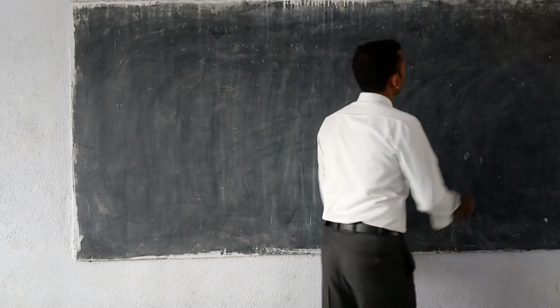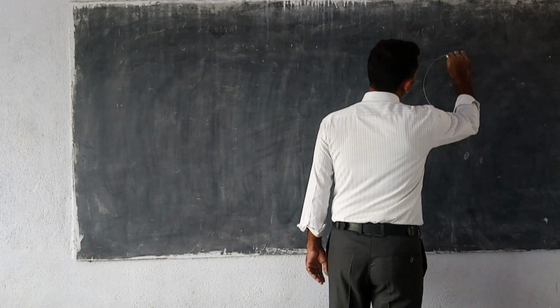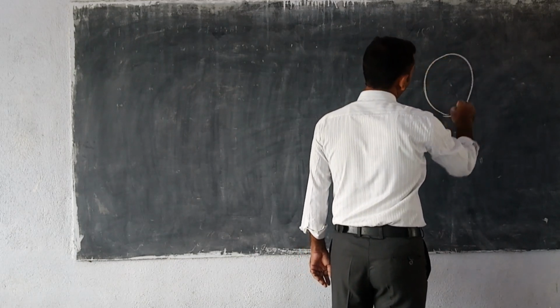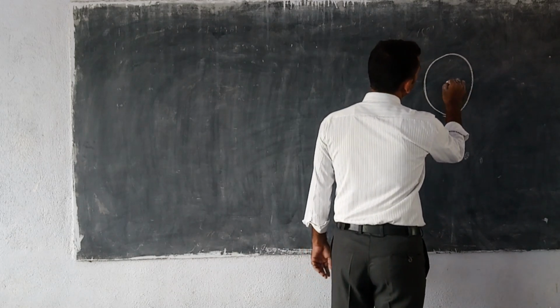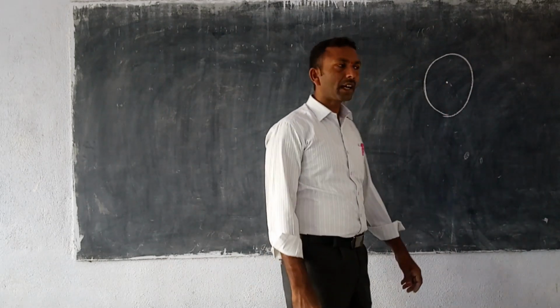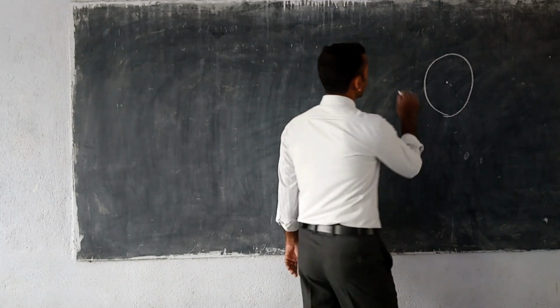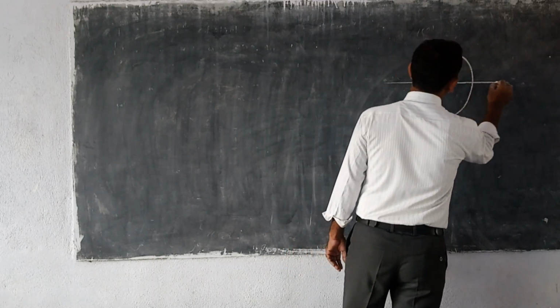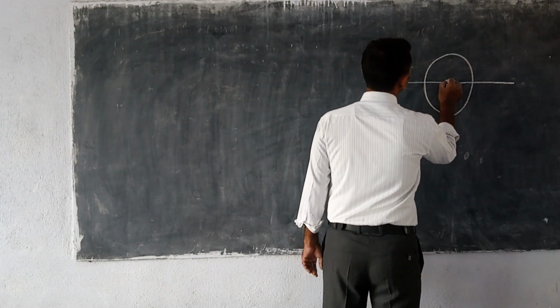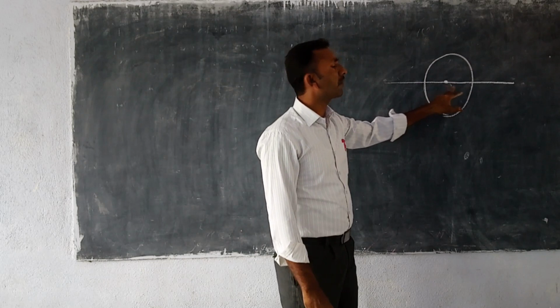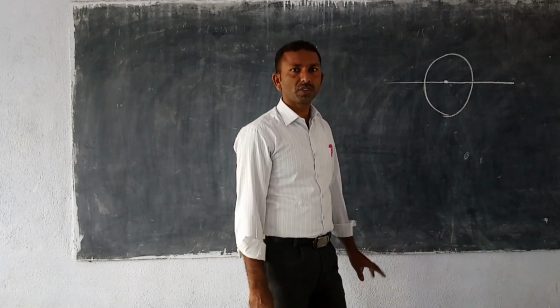Take a transparent glass sphere, and it has an opaque dot at its center. If you are seeing this along the principal axis from outside of the sphere, will the dot appear in its original position or not?